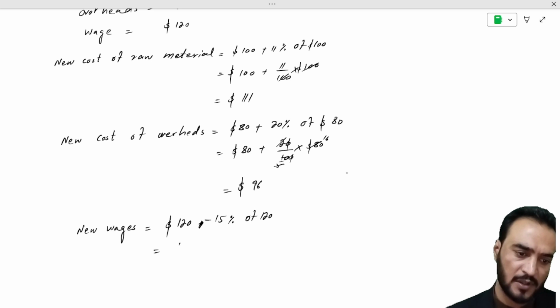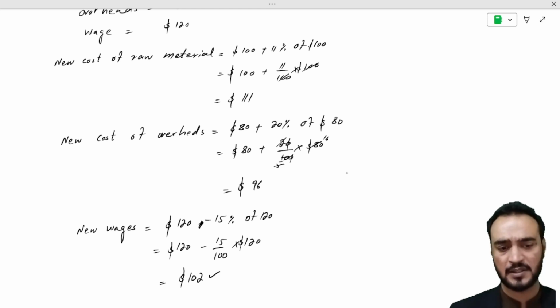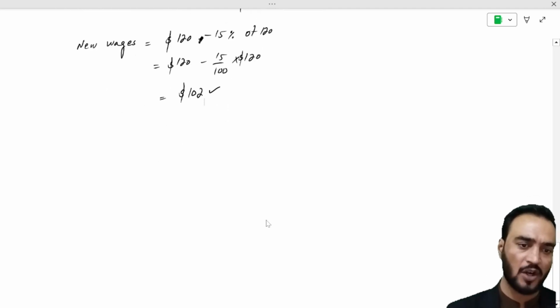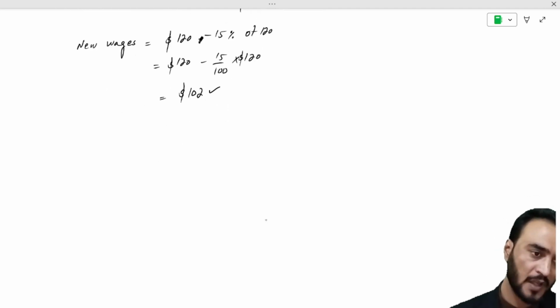So this becomes $120 minus 15 over 100 times $120. Simplifying that, we get $102. This is the new wages.